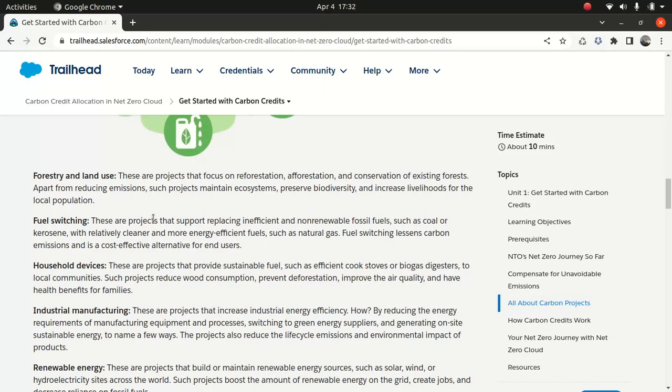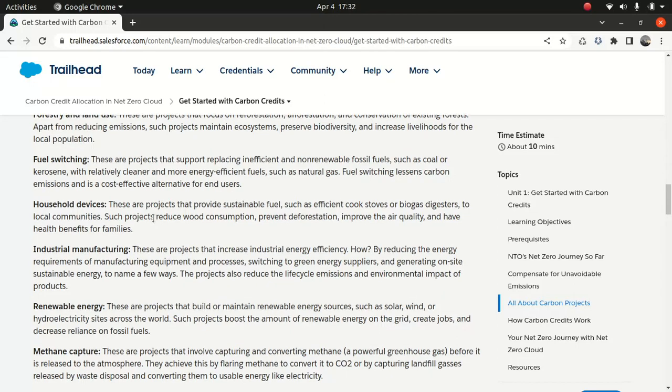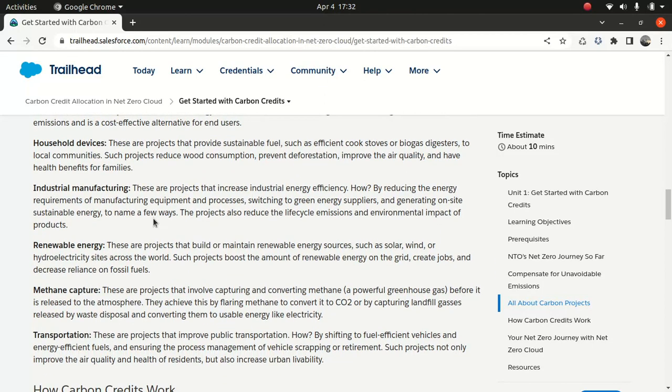It gives you so much satisfaction. And for a household, if you can afford a sustainable fuel, let's say biogas, and if it's fairly cheap, then you should go for it. Methane capture, like I said, is another thing some people do.